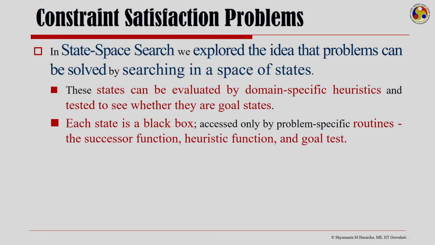Most of the states we have looked at in problem solving as state space search, we can think of each as a black box, which is assessed only by problem specific routines: the successor function, the heuristic function, and the goal test.